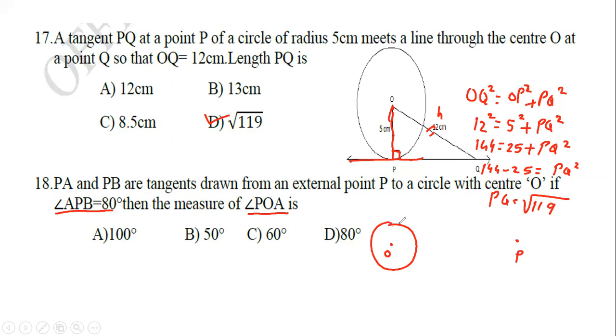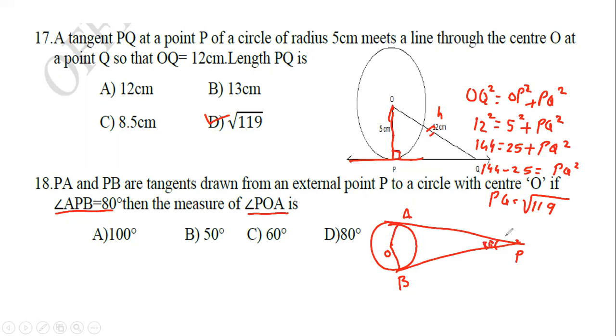Here the given PA and PB. This is point A. This is point B. This is the radius. APB is given as 80 degrees.